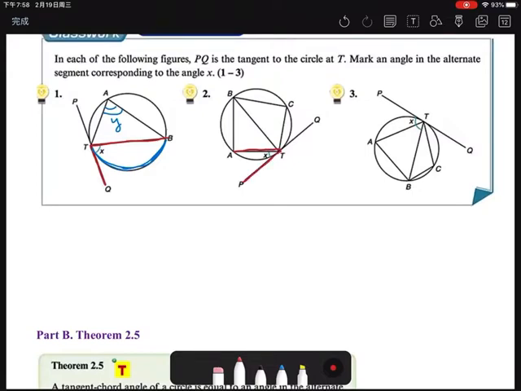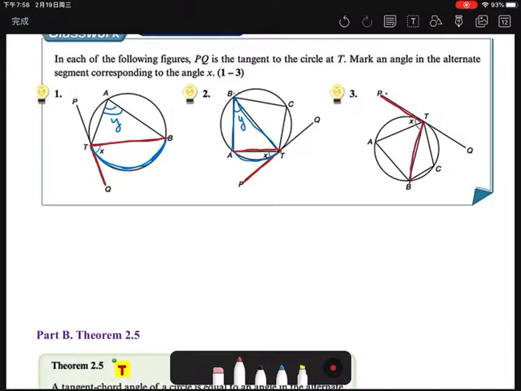Similarly for this one, the tangent-chord angle is this one, and the arc inside the tangent-chord angle is arc AT. Arc AT subtends angle ABT, so angle ABT is the angle in alternate segment.